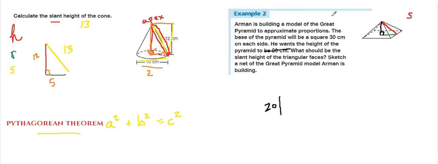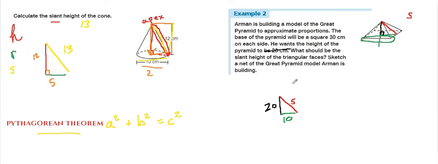If the base is a 30 centimeters per side square, what's the base of our cross-section triangle? It's 10. It's half of the base. And slant height, we don't know yet, so I'll just put s.